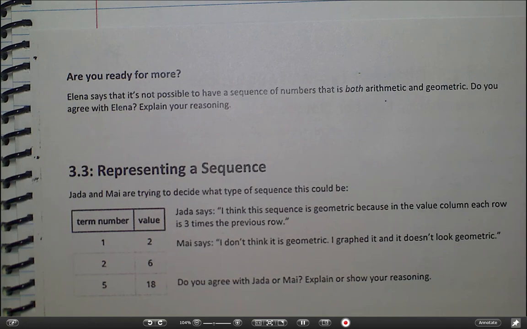Think of a pattern that would be the same if it was being multiplied or being added.